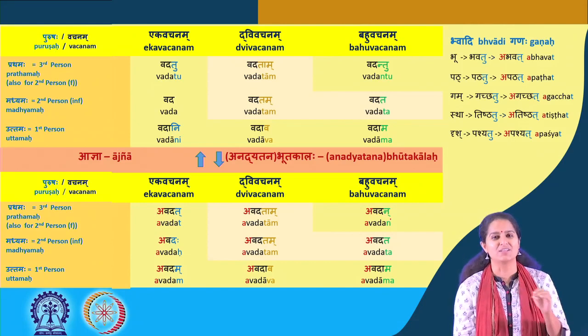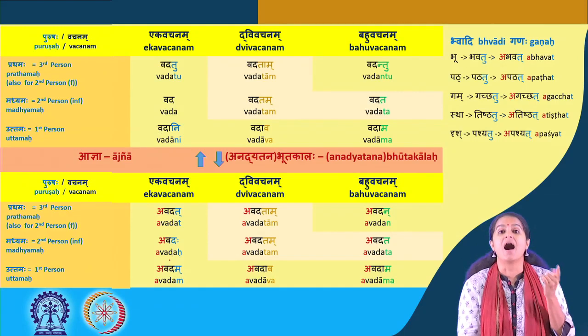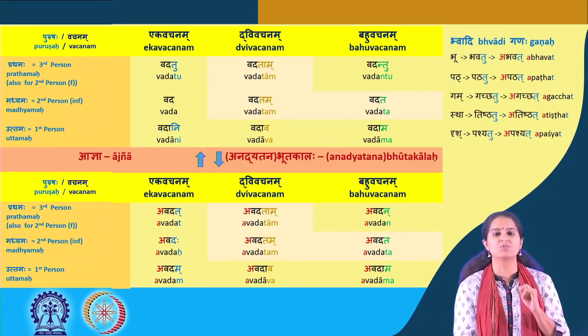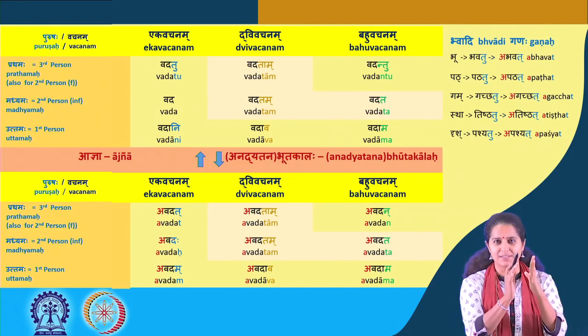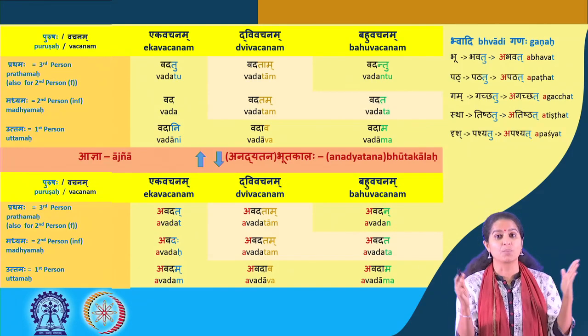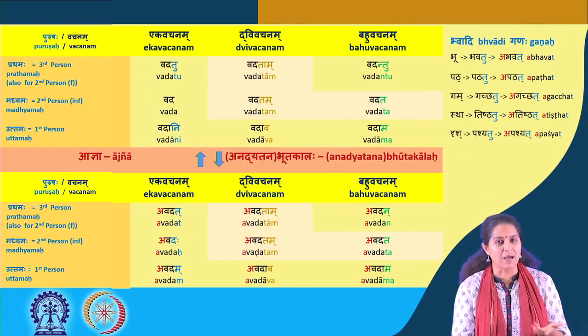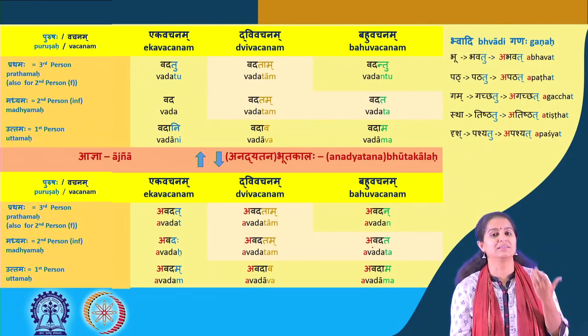So avadan. So for numbers, just have the n to indicate the numbers. Next, avadaha. If you look at this particular one, that's the only place you have the visarga. So vada, remember there's an addition on both ends. So avadaha. Next, avadatam and avadata.